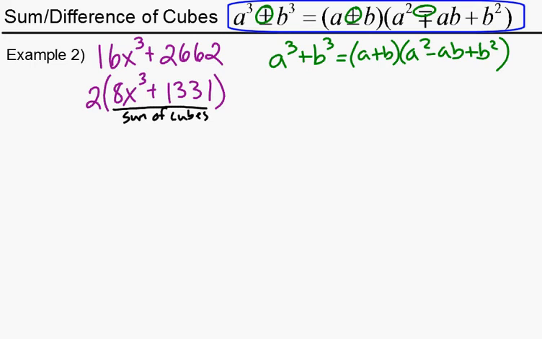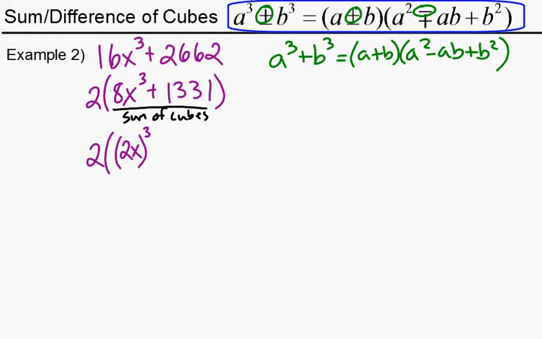So I need to figure out what is being raised to the third power. That 2, he's just chillaxing out front. I do nothing else with him. Remember, a is what is being raised to the third power from the first part. So I could rewrite this as 2x all to the third power. Because 2 to the third gives me 8, and x to the third gives me x to the third. So I have all the pieces I need right there.